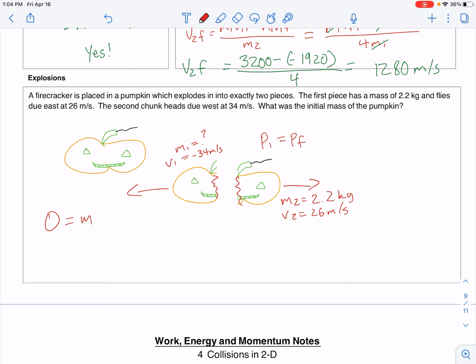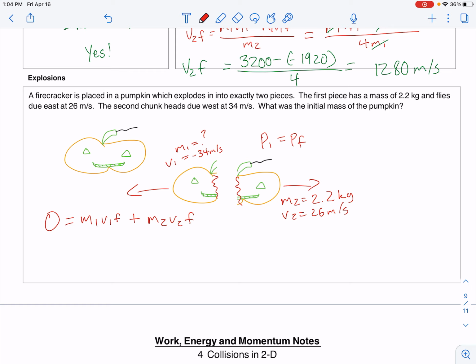So I know my other end of the formula: we have mass of our left side times the velocity, all final, plus mass of the second side, final.